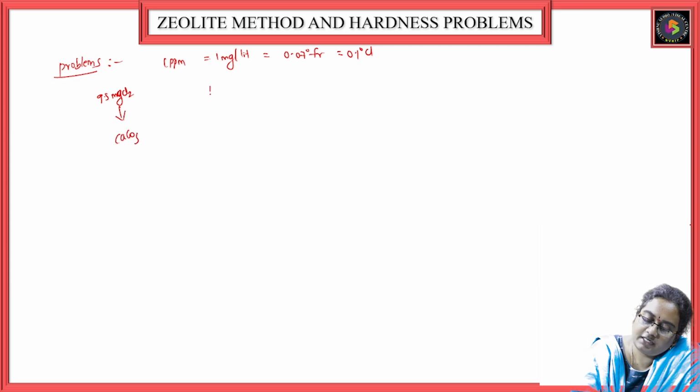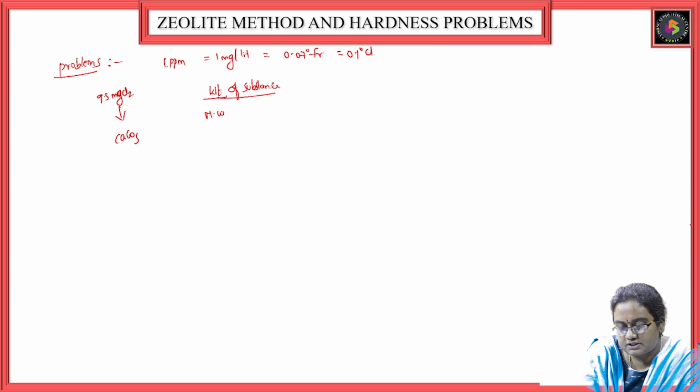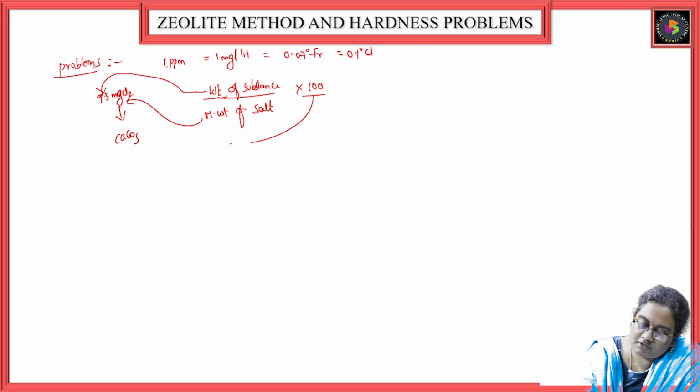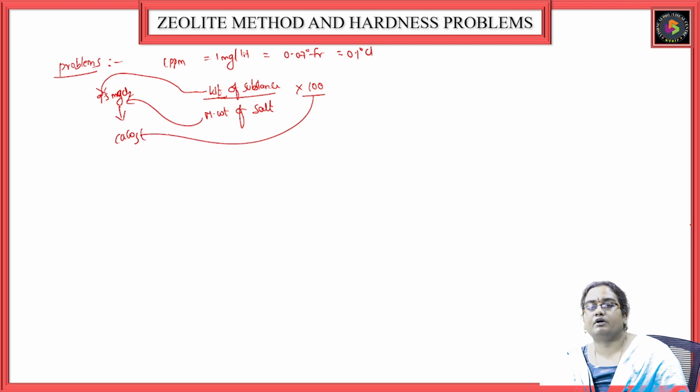Weight of the substance by molecular weight of the salt into 100. So what does it mean? Weight of the substance means 9.5. Molecular weight of the salt means the weight of this MgCl2, and 100 is nothing but the molecular weight of CaCO3. Are you getting my point?